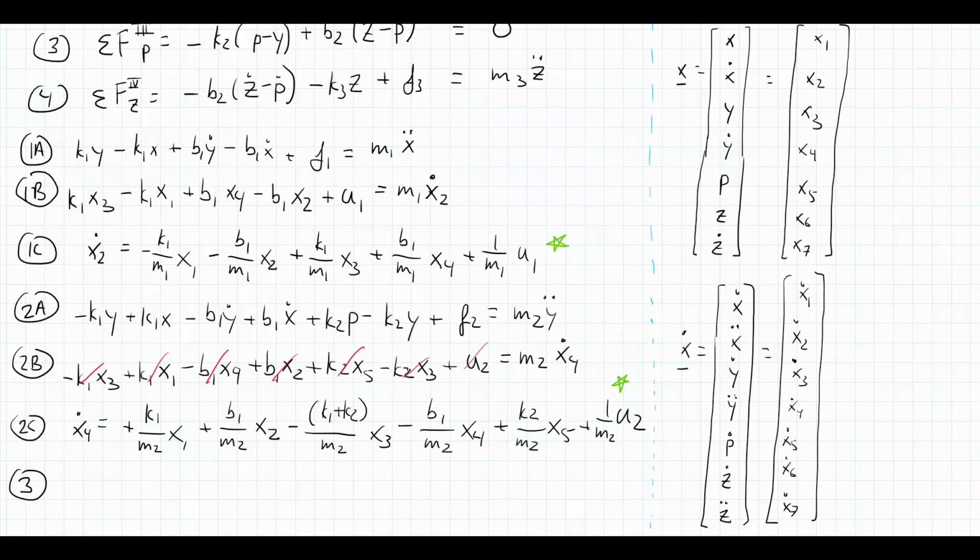All right, let's go to 3. And I'm going to make 3a from that. So distributing this, negative k2p plus k2y plus b2z minus b2p equals 0.